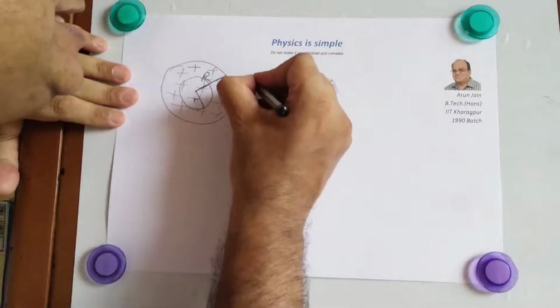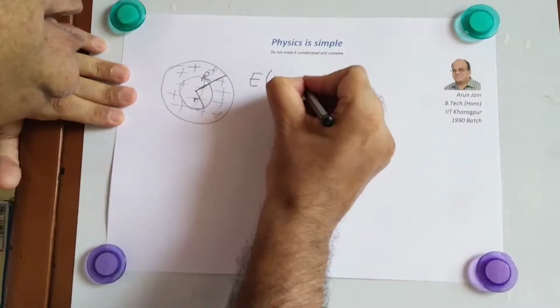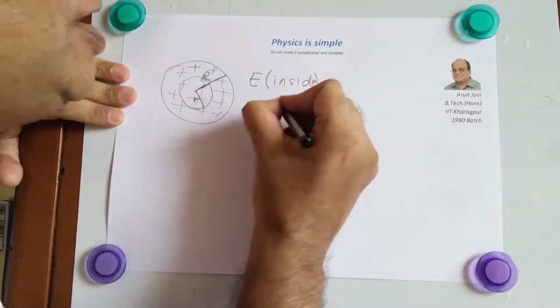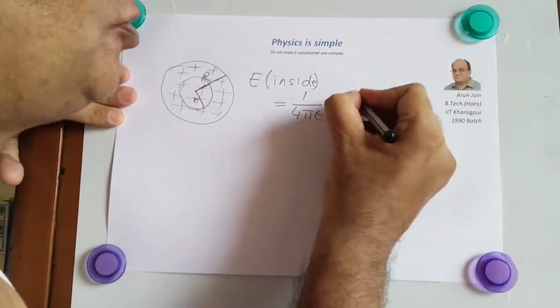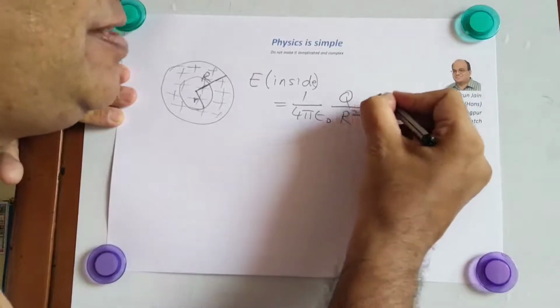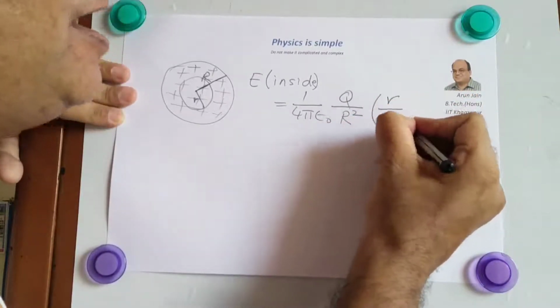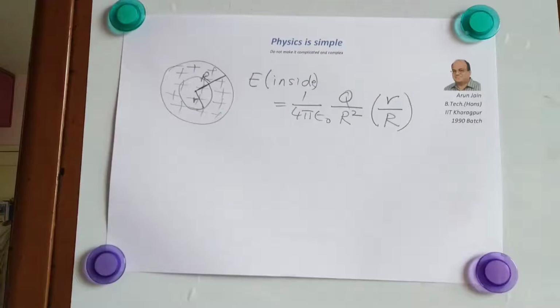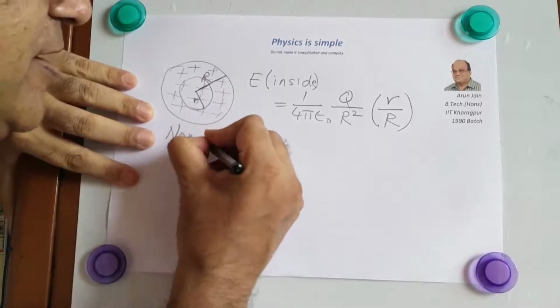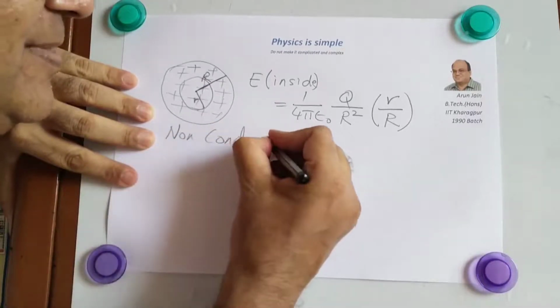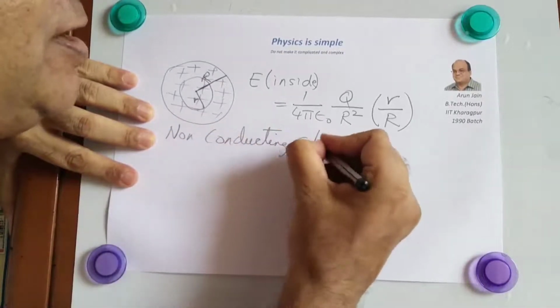Electric field inside will be given by 1 by 4 pi epsilon naught q by r square, that is the electric field at the surface, multiplied by small r by capital R. So this is the electric field inside a uniform sphere of charge, non-conducting.